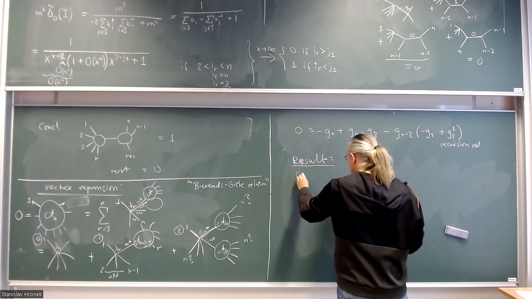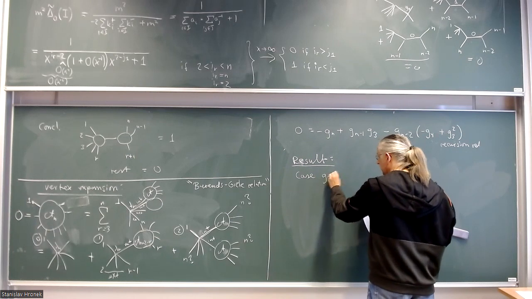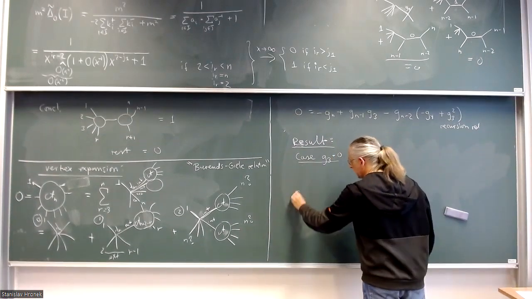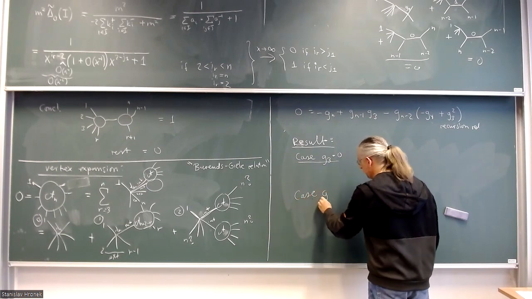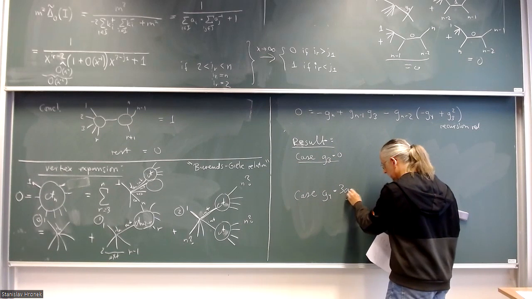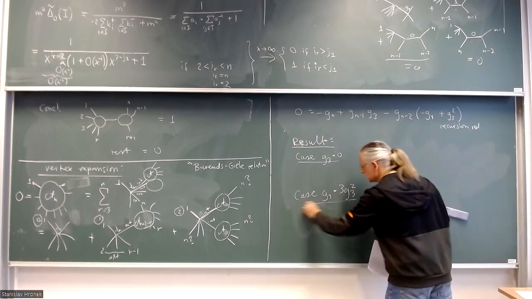So if you remember, we had 2 cases. Either G3 had to be 0, or G4 had to be equal to 3G3 squared. So there are these 2 cases.